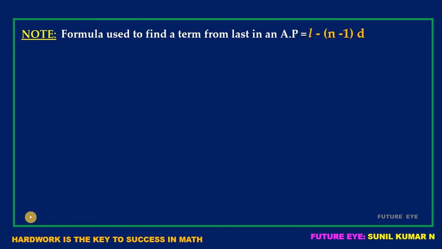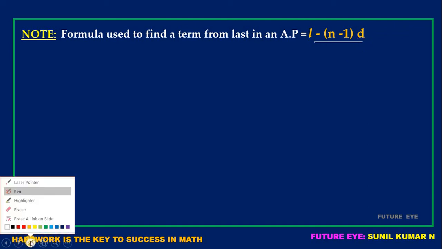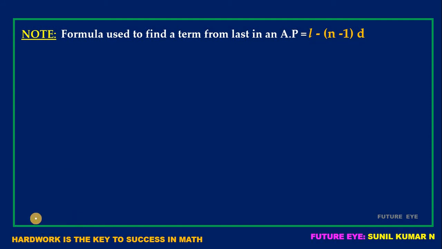But if you use this formula, children, that is l minus n minus 1 into d, in a few steps you will get the answer. So nothing to worry when a term is asked to find from the last of the AP. We have a formula, or else we have some other methods also that I'll explain later on.